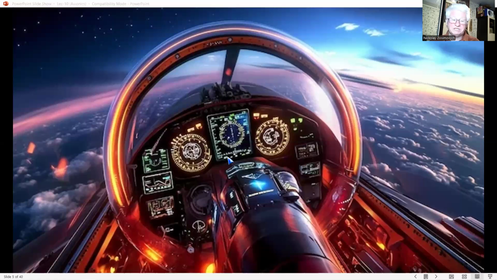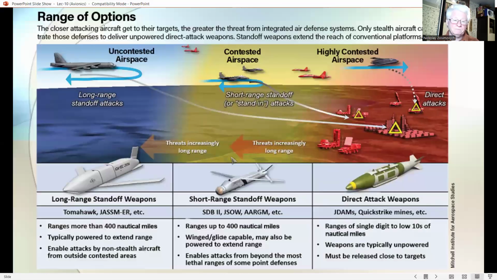The use of standoff weapons, which are released several kilometers away from the target, also requires an accurate knowledge of the aircraft's position in order to initialize the mid-course inertial guidance system of the missile.